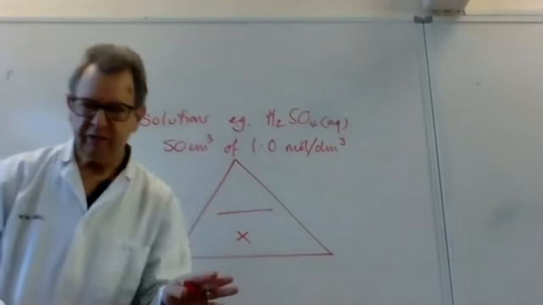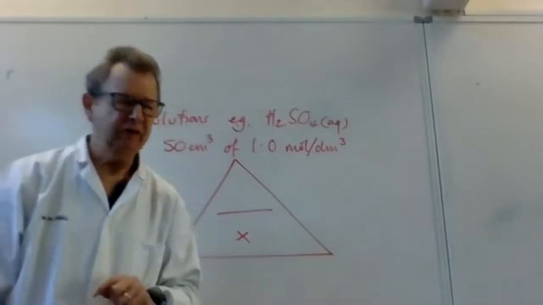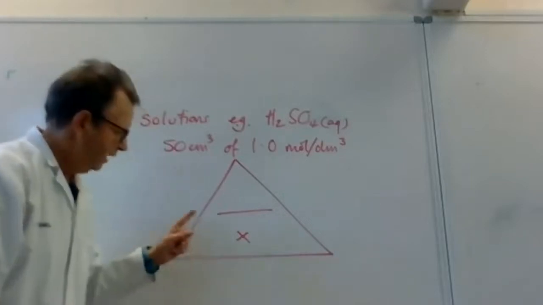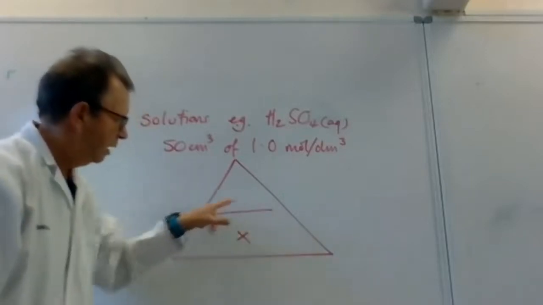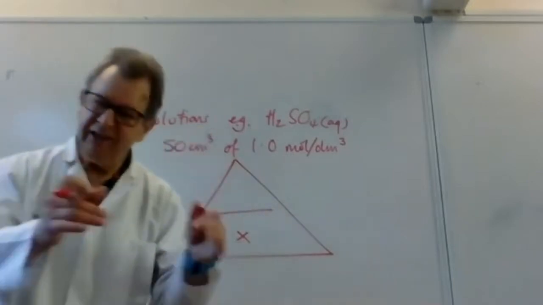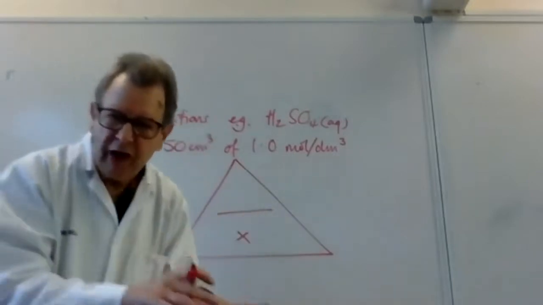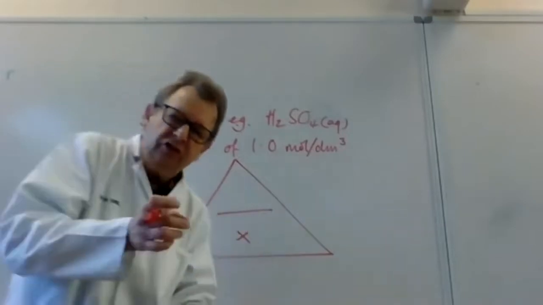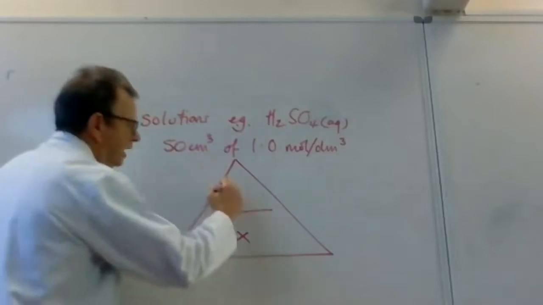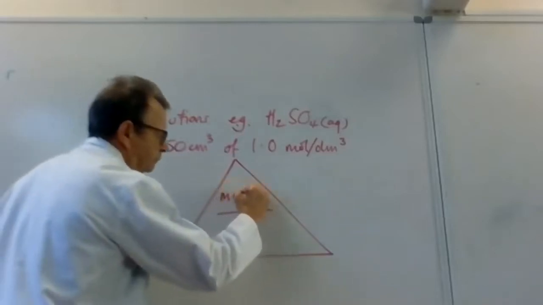Now, my silly way of remembering this is, if you remember from the green triangle, the one for solids, it was moles RAM underground. Well, this is solutions. Now, these moles live underground. If I pour a solution onto the ground, they'll drown. So the moles come up to the top.